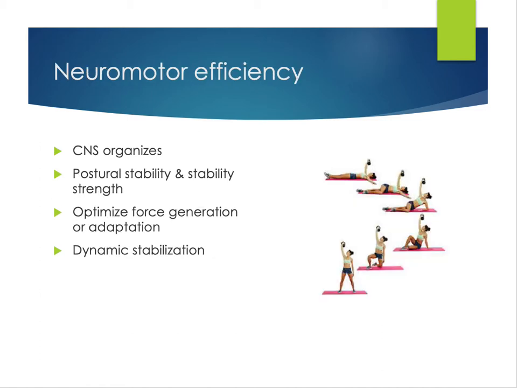We want to really pay attention to our neuromotor efficiencies, and of course, when we're looking at someone, we're looking at their deficiencies. So we're looking at the CNS and how that organizes the agonist, antagonist, the synergy muscles, along with the stabilizers and the neutralizers. The Turkish get-up is one of the best ones to look at to see how someone really organizes themselves.